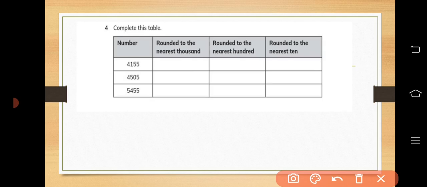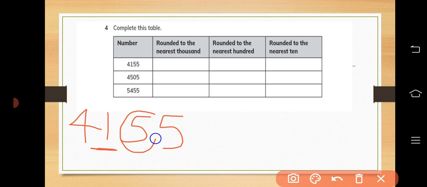Move to the nearest hundred, 4155. Now the thing that nearest to the 100, so it means that you have to underline the 100 place value and circle the next value digit. Now this value is greater than or equal to 5, so you have to round up.